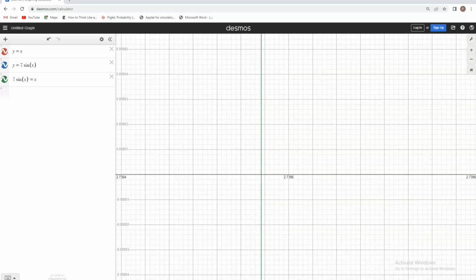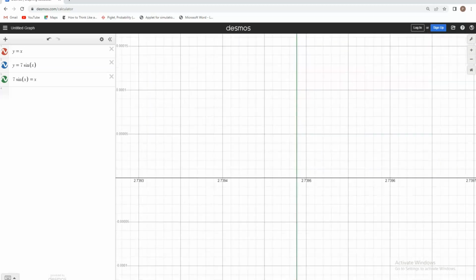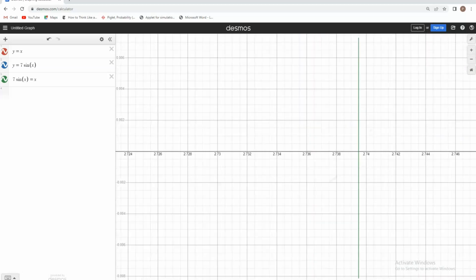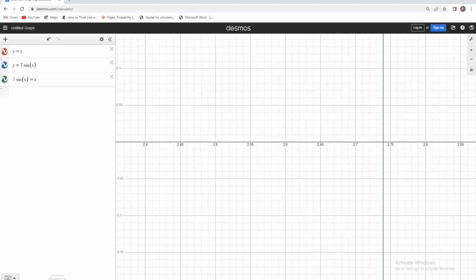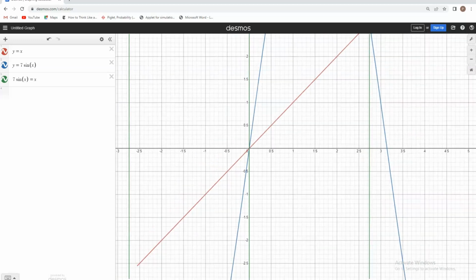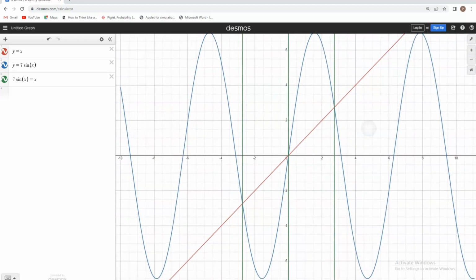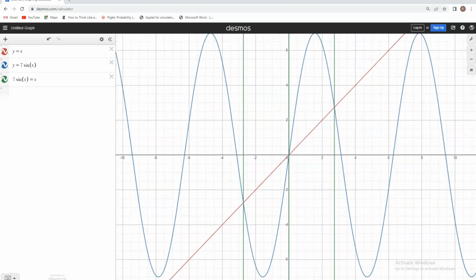So these are the 3 points that we have in intersection: 1, 2, and 3.